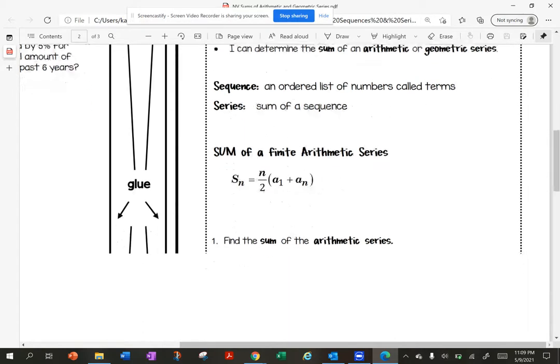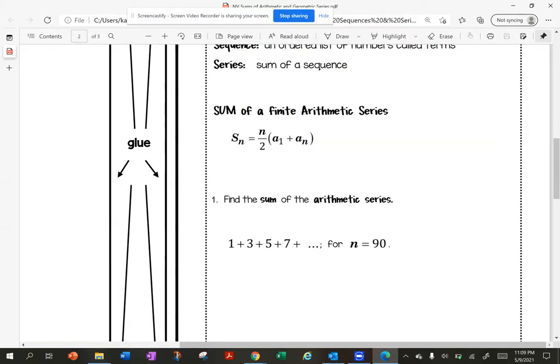Okay, the formula for the sum of an arithmetic series, S sub n. This is the sum of all the terms. n is the number of terms.